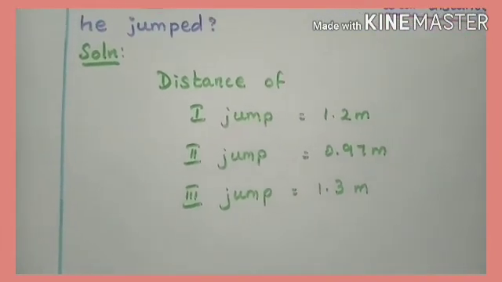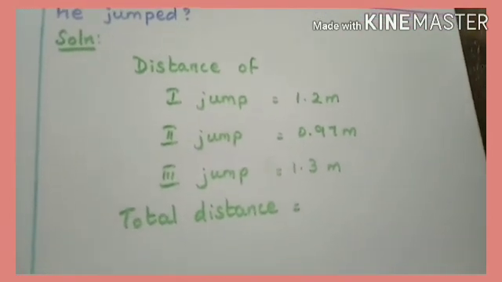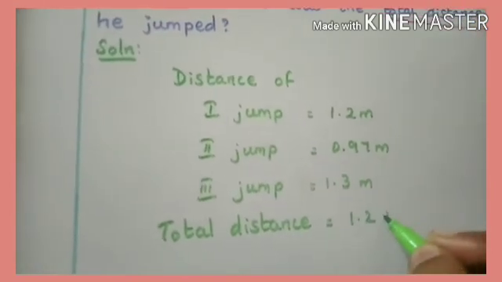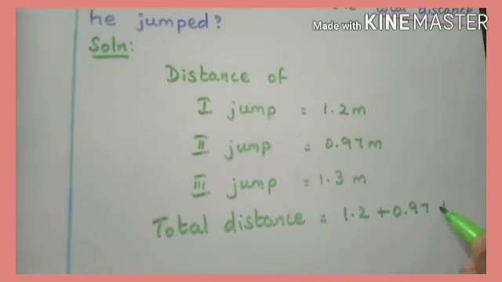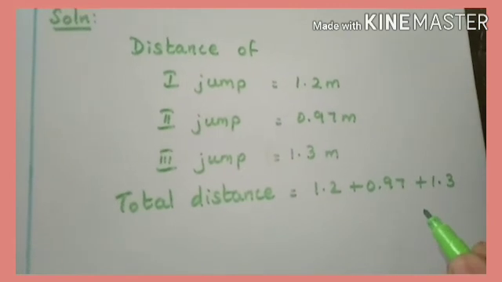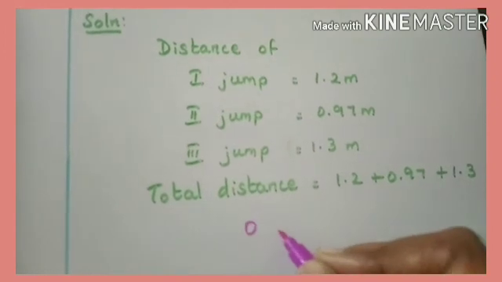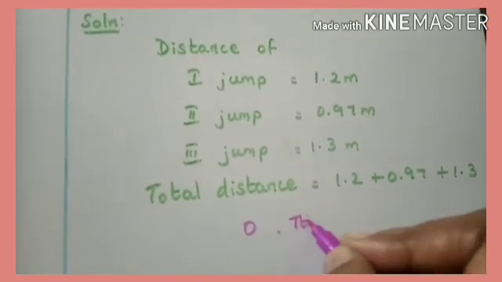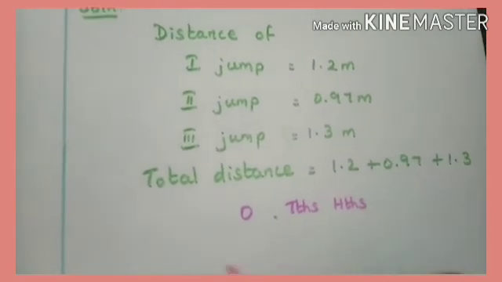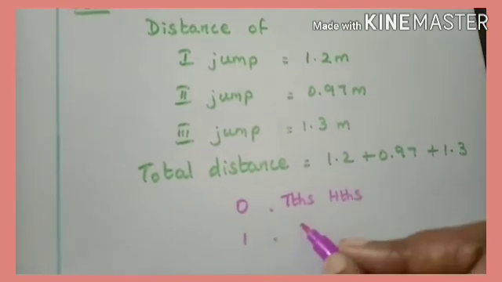Let's find the total distance he jumped by adding the distances 1.2 meter, 0.97 meter and 1.3 meter. That is 1.2 plus 0.97 plus 1.3. Now write the places: ones, point, tenths and hundredths. Write 1 in ones place, point, 2 in tenths place.